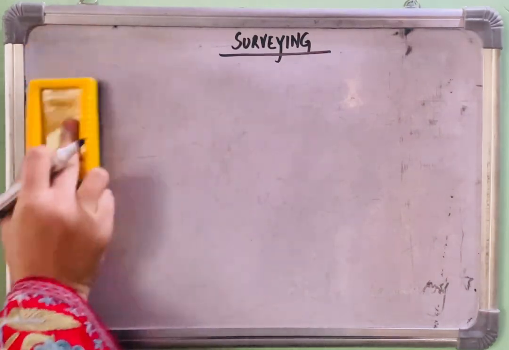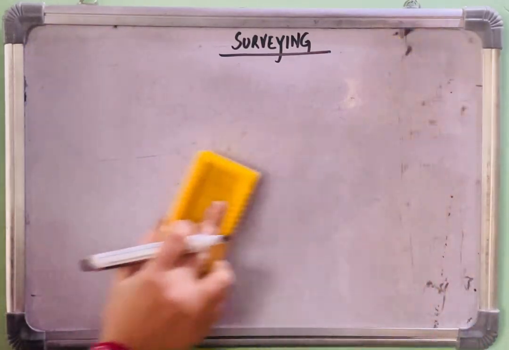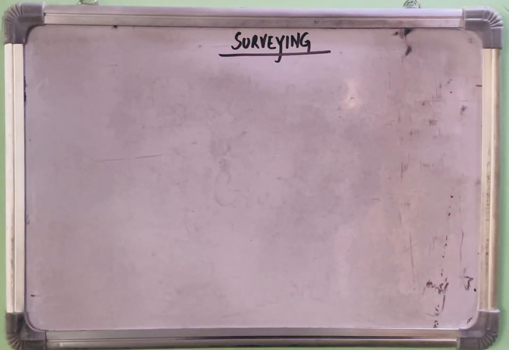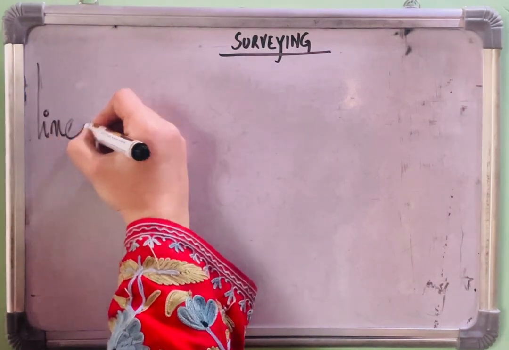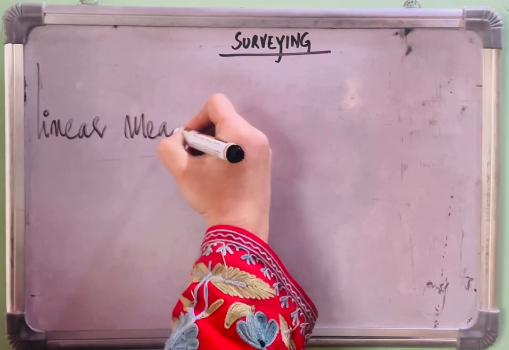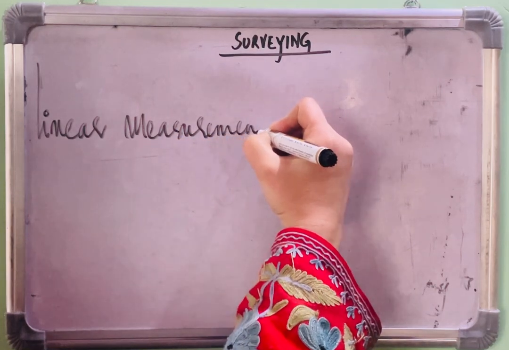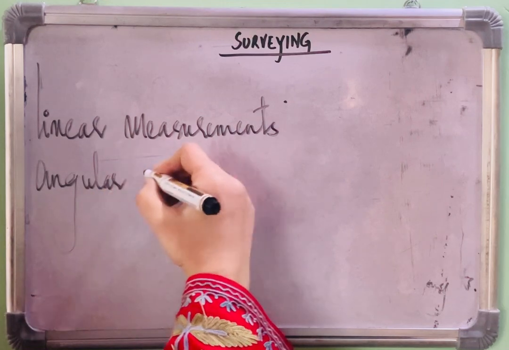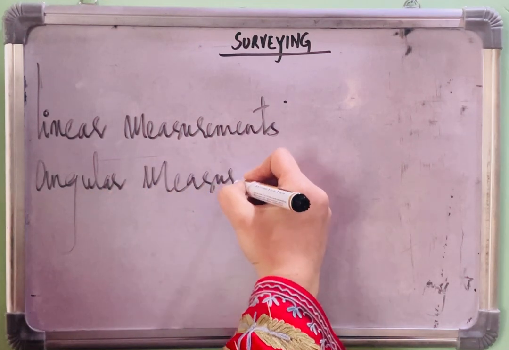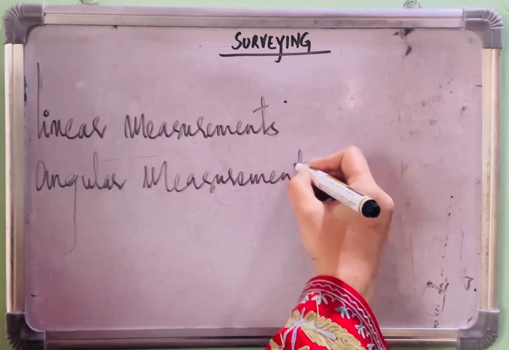But this must also be noted by the students that the relative standard of accuracy of the linear and the angular measurements should be consistent.